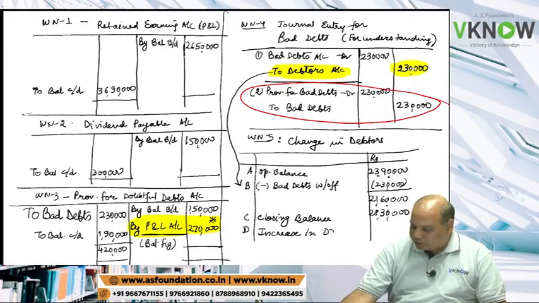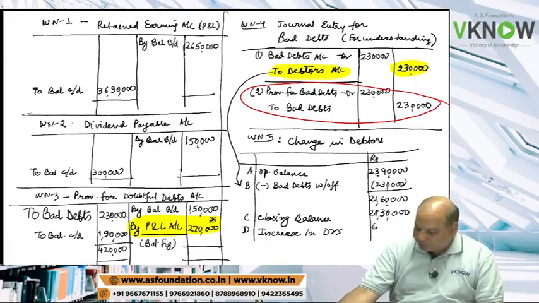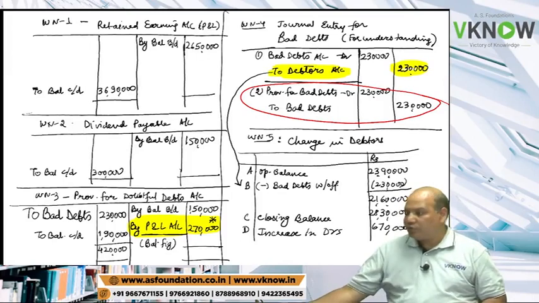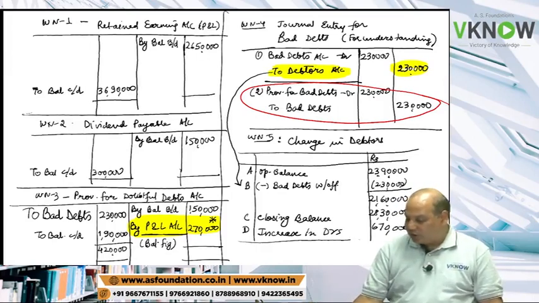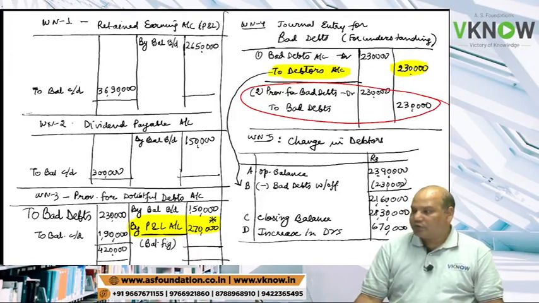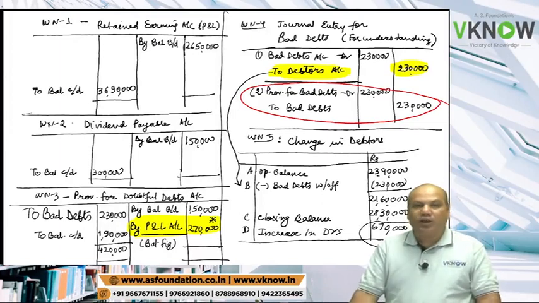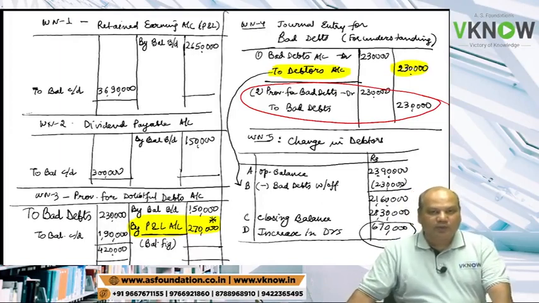Increase in debtor is equal to 6 lakh 70,000. Increase in debtor is 6 lakh 70,000. This I will write in working capital changes.